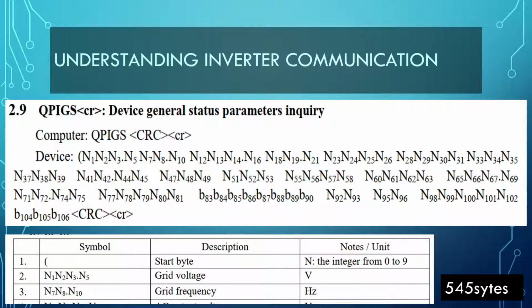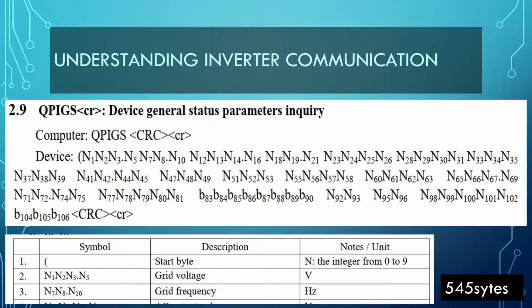Likewise, if you look at the device, this is the answer when the computer sends the command QPIGS. It will receive this result, and the result starts with an open round bracket, and then there will be N1, N2, N3, and then you see there is a dot.